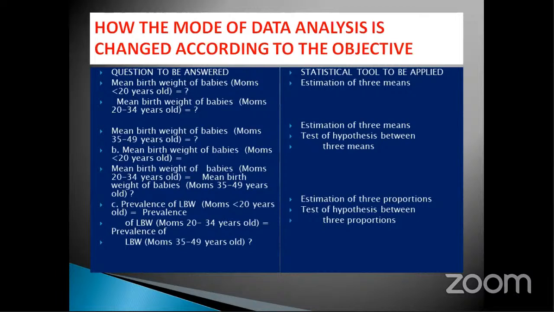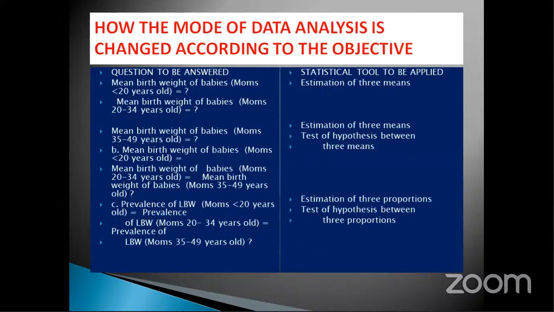But if you are going to test a hypothesis already, you will ask the question: is there a significant difference in the mean birth weight of babies born from the different age groups of moms that you have identified?